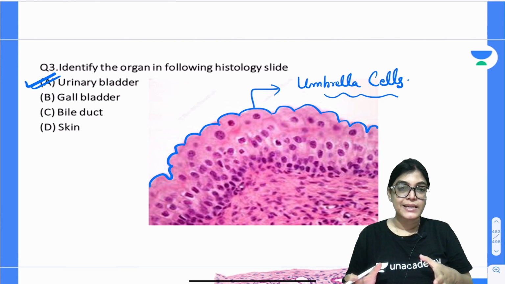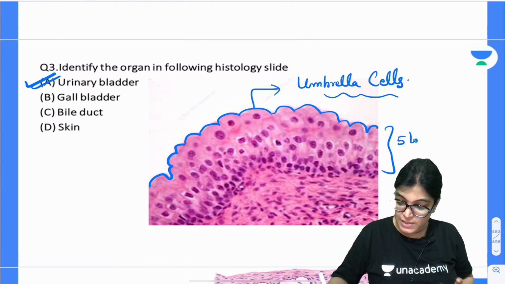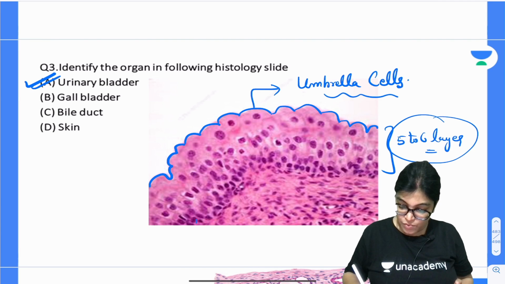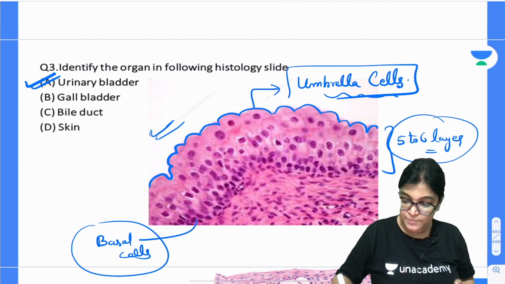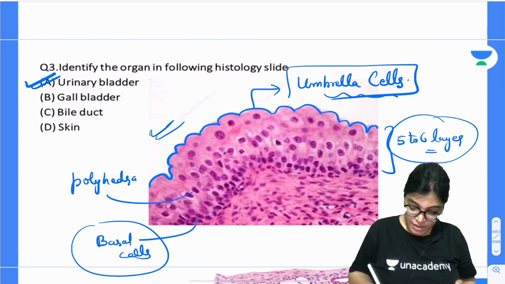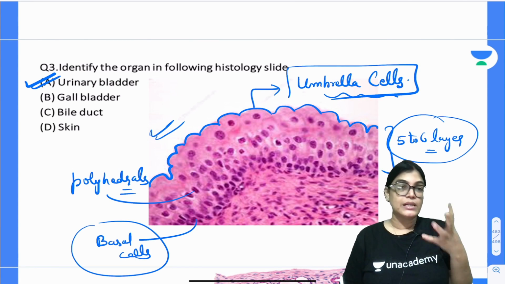This is a relaxed condition. You can see multiple layers, approximately 5 to 6 layered epithelium. The basal cells are columnar type, the outermost superficial layer is umbrella cells with outpouching, and the middle one is polyhedral cells. All these features clearly give us the target that this is the urinary bladder.